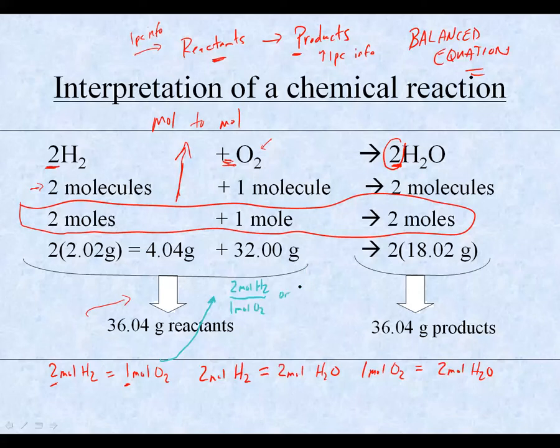Or if we needed it the opposite way around, we could say there is 1 mole of O2 on top and 2 moles of H2 on the bottom. We could also write 2 conversion factors for this guy. And we could say that there are 2 moles of H2 on top, gives us 2 moles of H2O on the bottom.